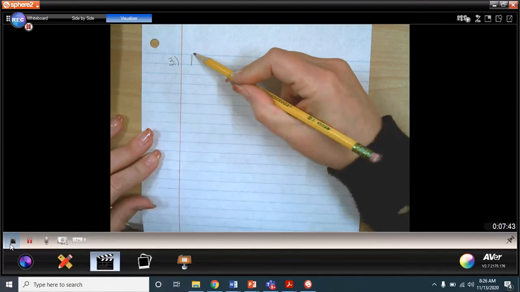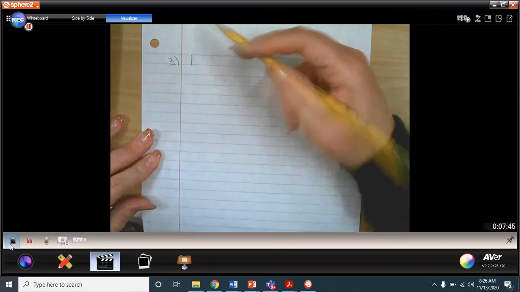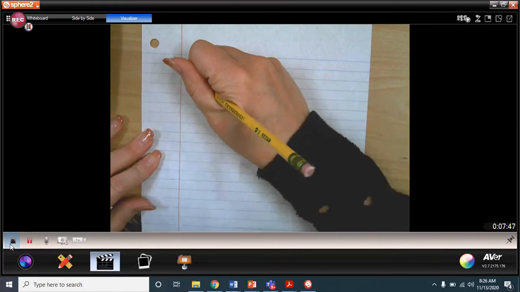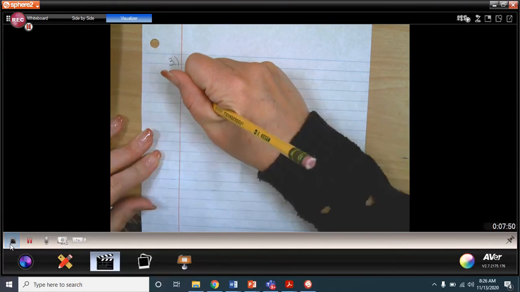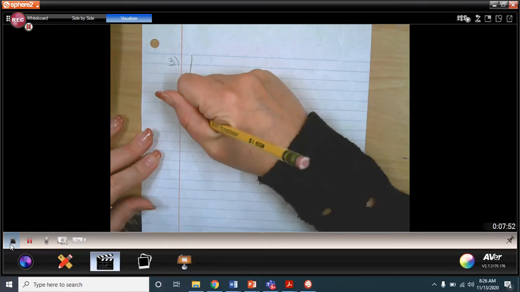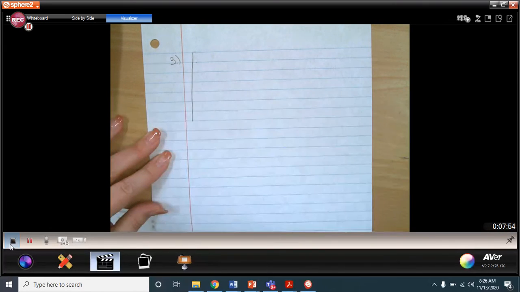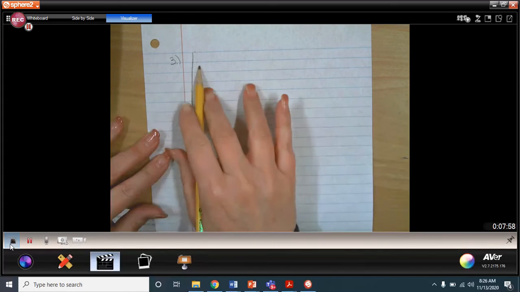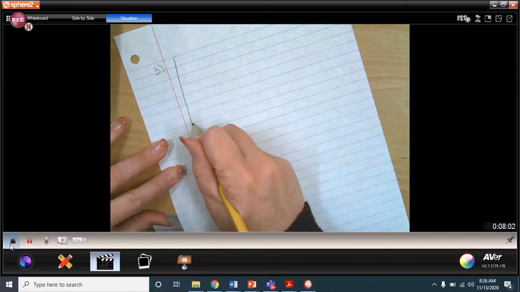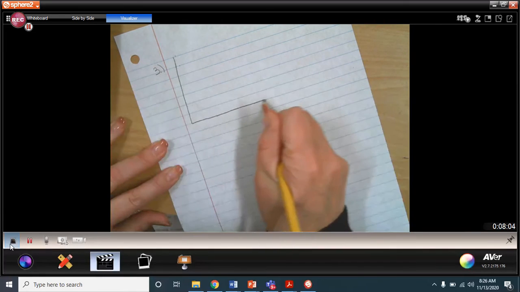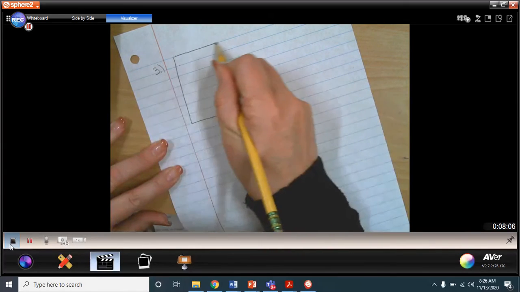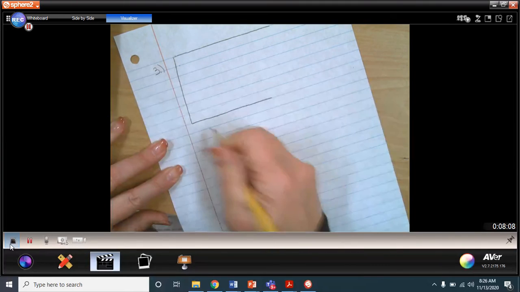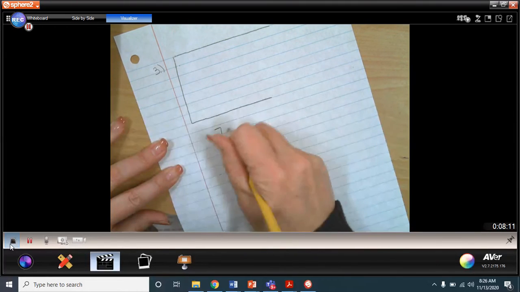So from line to line, I'm using that as 1, 2, 3, 4, 5, 6, 7. So I'm using that lined paper as my rows. So I have 7 rows. Now, to get 56, I need to count by 7s. So I've got my width.